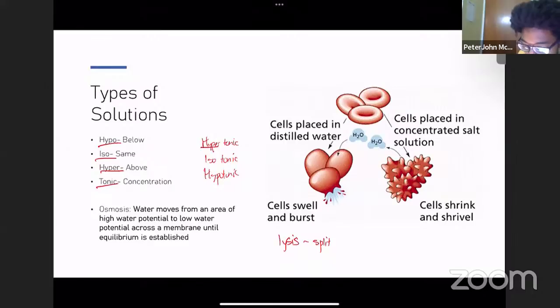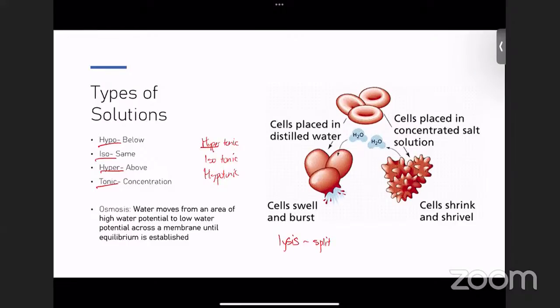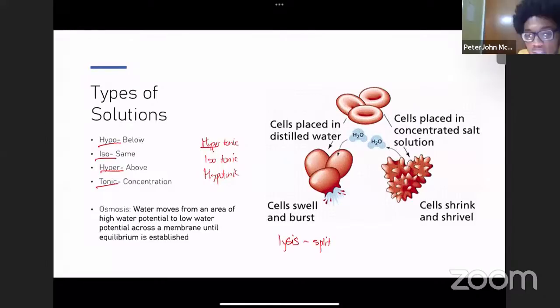Anybody know what happens when you put a cell in a hypertonic solution? It shrivels. Becomes flaccid. Yeah. Anybody know the fancy name for that? Plasmolysis.